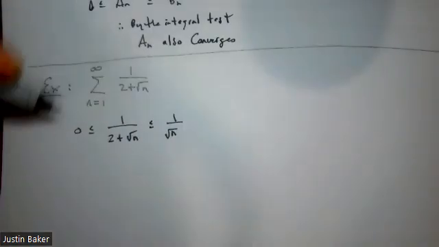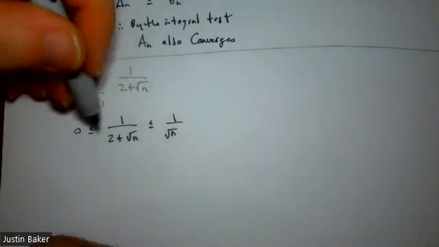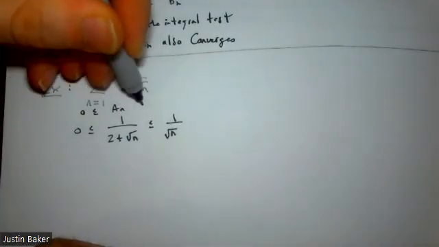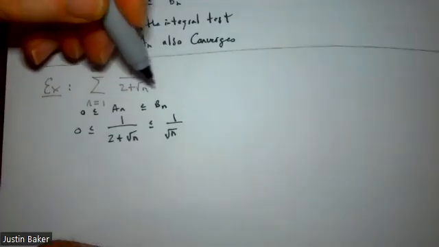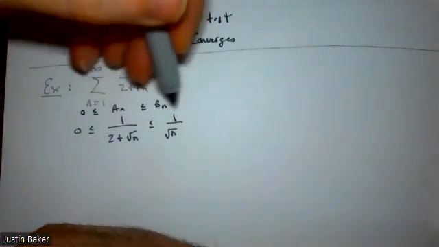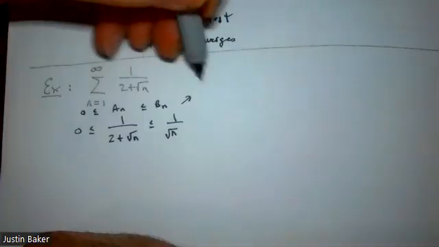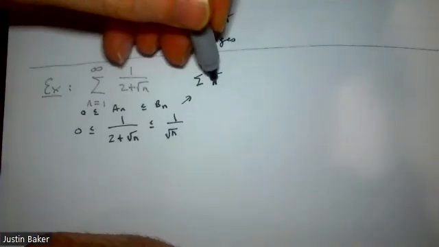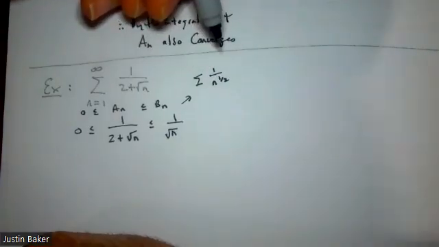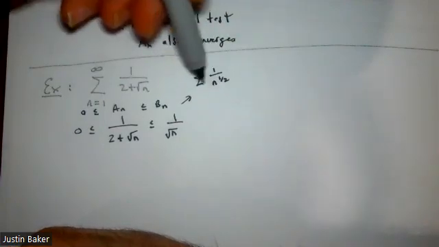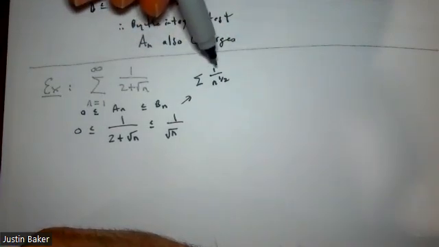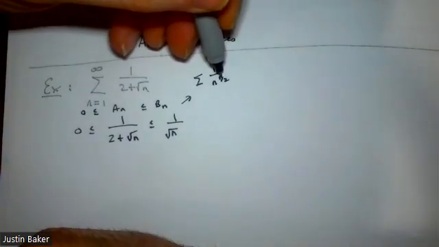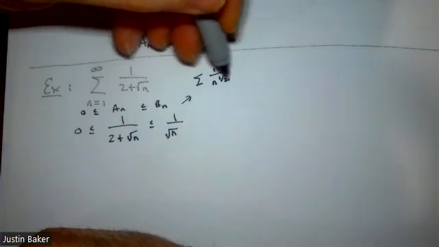Well, let's find out. So remember our comparison. This is going to be 0 less than A of n less than B of n. So for this B of n piece over here, this is really now the summation of 1 over n to the half. And that looks like a P series, right? So it's a P series, and the fraction is the power.